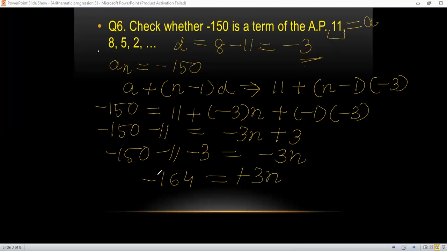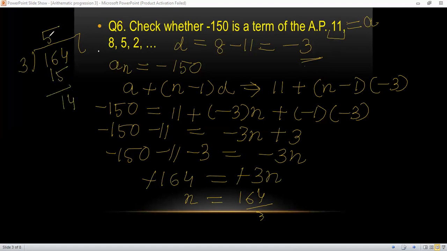Now minus minus will get cut. Now n is equal to 164 upon 3. Now let's divide 164 by 3. 3 5s are 15, 14.